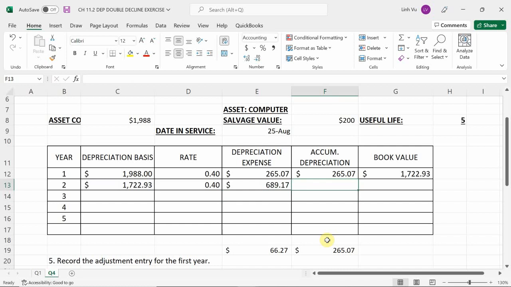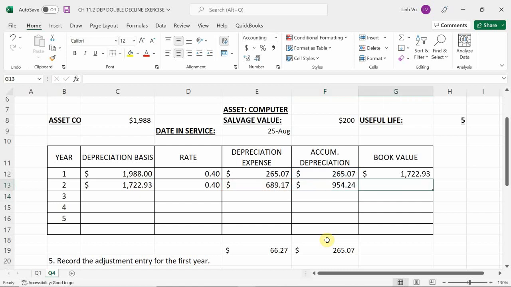So then what's my accumulated depreciation? $954.24. Okay, good.